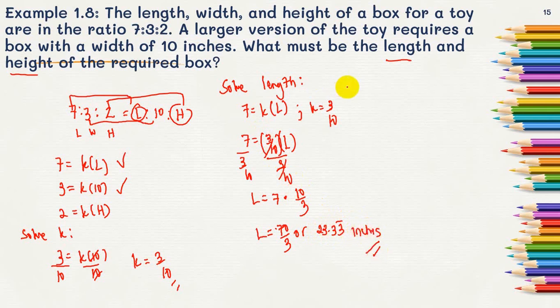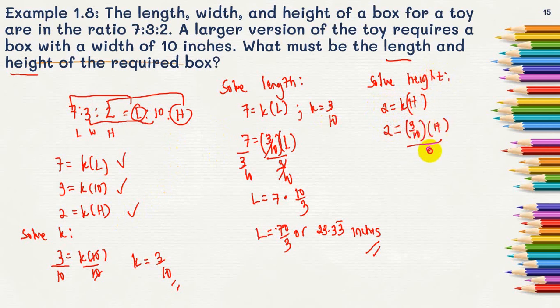Now let's proceed to the height. Let's solve for the height using the third equation. So 2 equals K times H. Then substitute the value of K, which is 3 over 10.